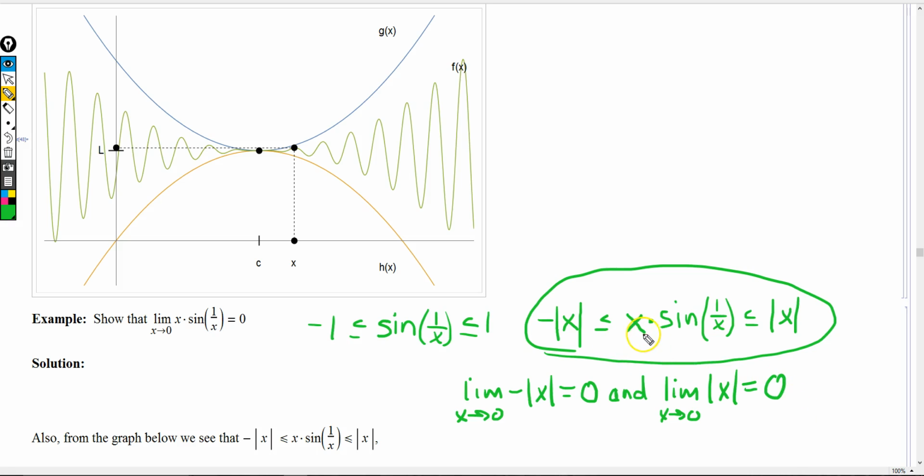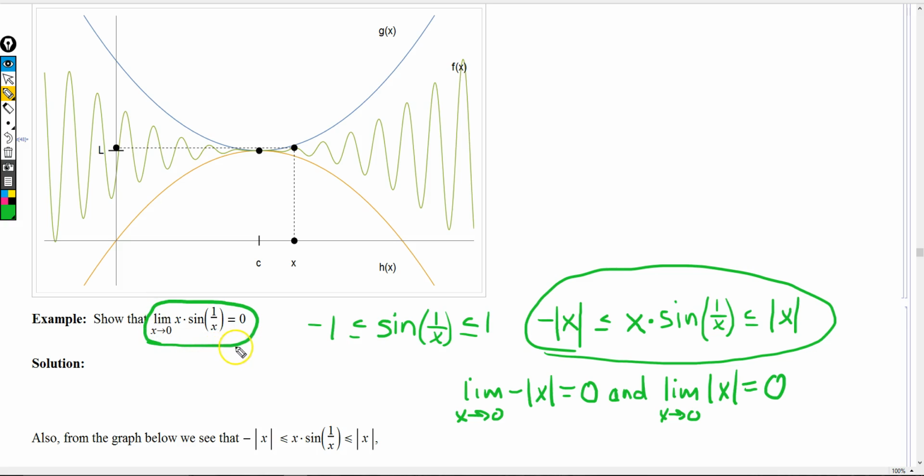So x times sine 1 over x is sandwiched between those two functions, and the limit of both of those functions as x approaches 0 is 0. Therefore, by the squeeze theorem, we have our result over here.